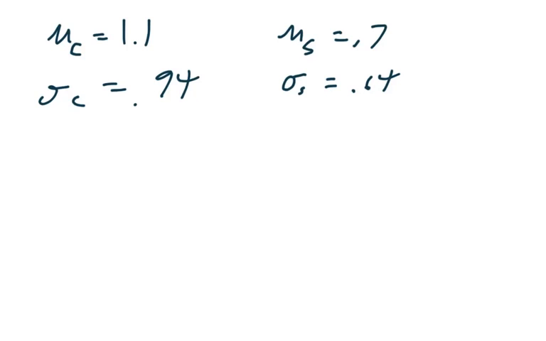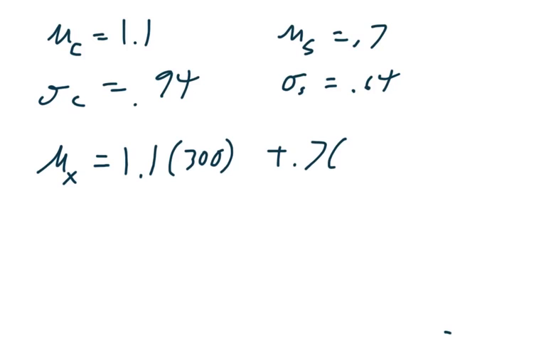And so if Linda makes $300 per car and $500 per SUV for this paycheck, I'm going to call this X because I'm running out of letters. So we got 1.1 times 300 plus 0.7 times 500, which gives her a total of $680.